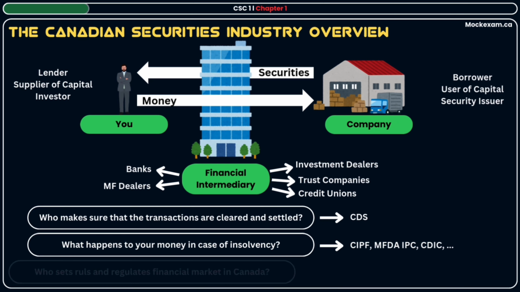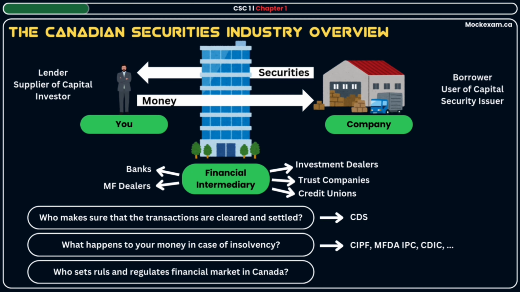Question number three. Who regulates and sets and enforces rules for these financial intermediaries? The answer is provincial regulators, or so-called securities commissions. Each province in Canada has its own securities commission, and these financial intermediaries are regulated provincially.